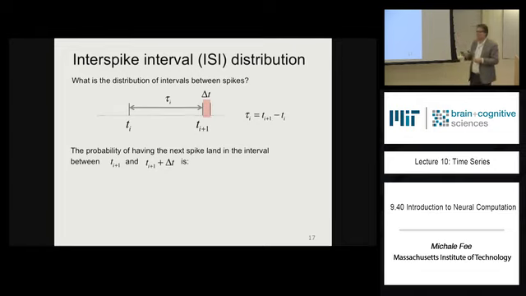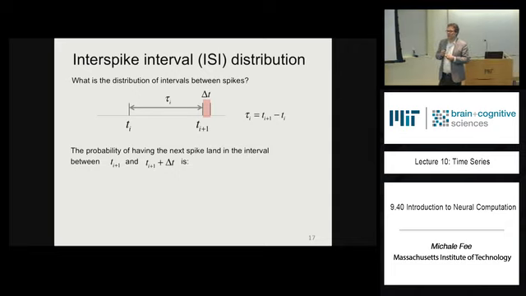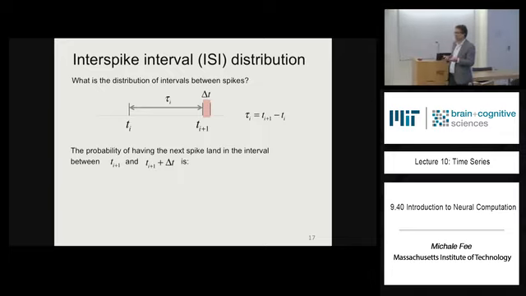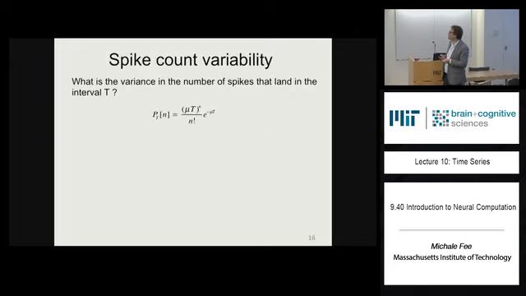Yeah, so what is the Poisson distribution? It tells us the probability of having n spikes in an interval capital T. So how would we use that to calculate the probability of having no spike in that interval? Exactly. We just use the Poisson distribution and plug n equals 0 into it.